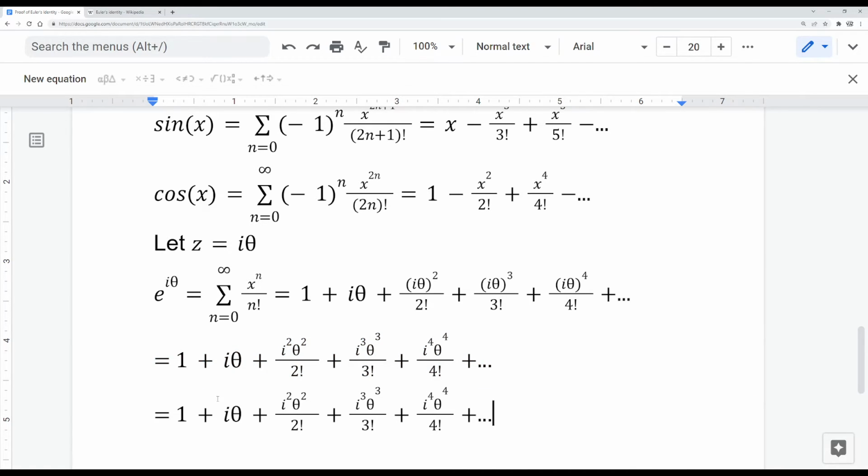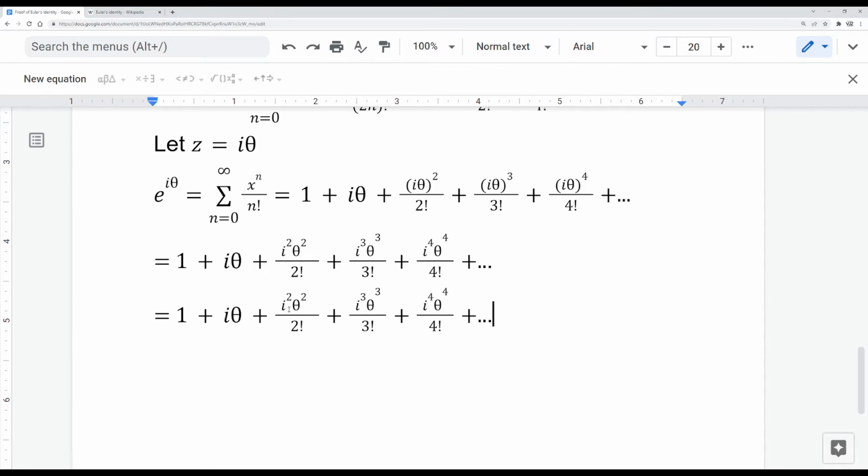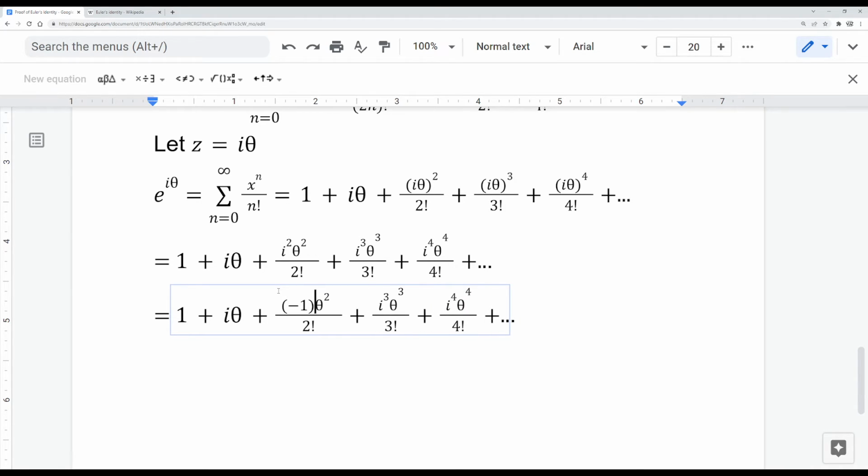You can see that i squared, what is i squared? Well, fundamentally speaking, i squared is negative 1. And what's negative 1 times theta? That's right, negative theta. What is i cubed? Well, i cubed is i squared times i, which means it's negative 1 times i, which is that's right, negative i.